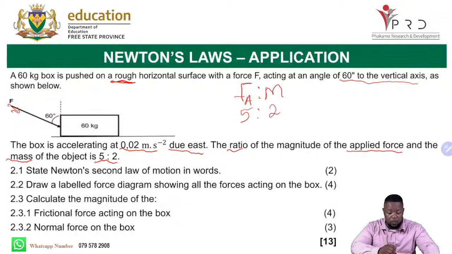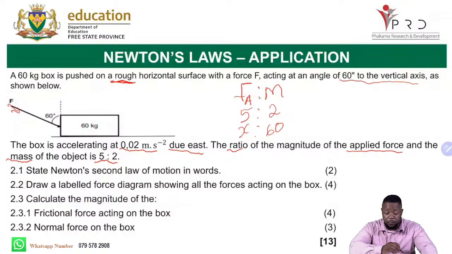We know that the mass is given, but the applied force is not given. With the ratio and the mass given, we can easily get the applied force.